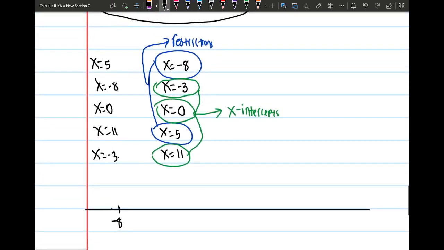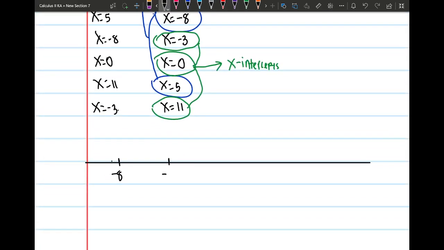And then the next one was -3, so here's -3. The next one was at x equals 0, so here's x equals 0. And then the next one was x equals 5, so here's x equals 5. And then the next one was 11. So these are my 5 numbers.